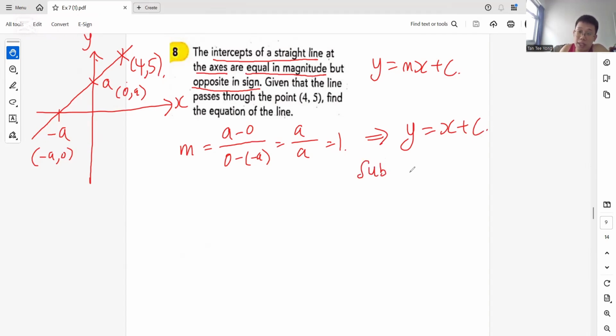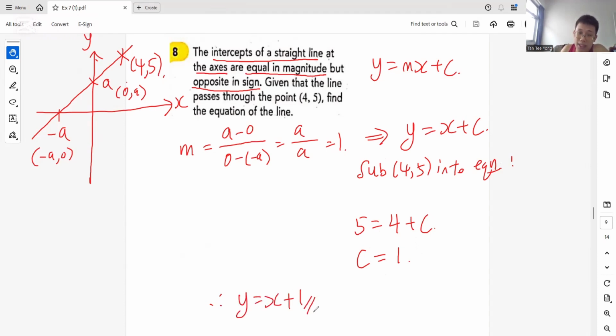So what do we do? Sub in the known point, which is 4 comma 5, into the equation. So we will have 5 equals to 4 plus c. So c is equals to 1. Therefore, our equation is y equals to x plus 1.